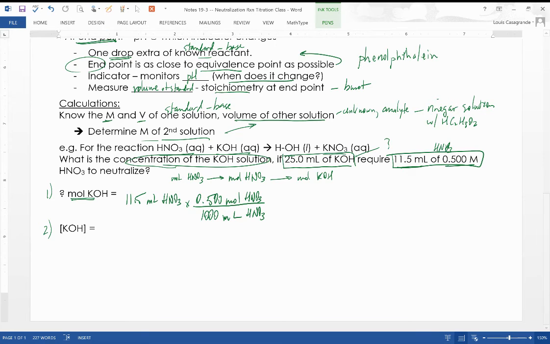And notice that what's going to cancel out is the milliliters of the nitric acid. And then we can keep going. I have moles of the nitric acid. In my stoichiometry, nice thing, it's always a 1-to-1 ratio. Well, actually, it's not always true. I'm sorry. There will be some 2-to-1 ratios in your homework. 1 mole of the KOH, that's the unknown solution, over 1 mole of my nitric acid.